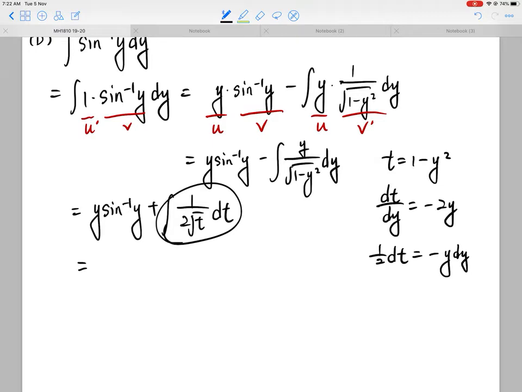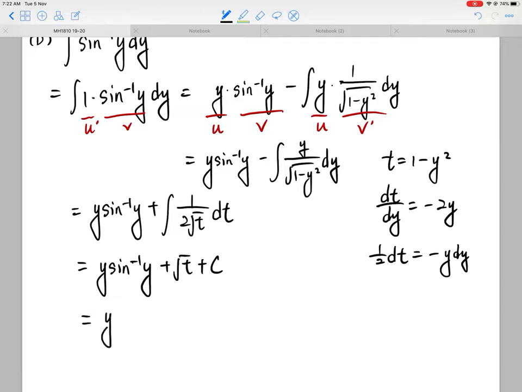And this part, the integration will be positive square root of t plus c. So last step, you sub y back here: square root of 1 minus y squared plus c.